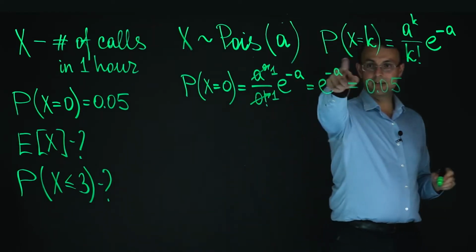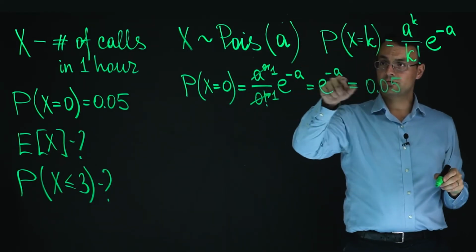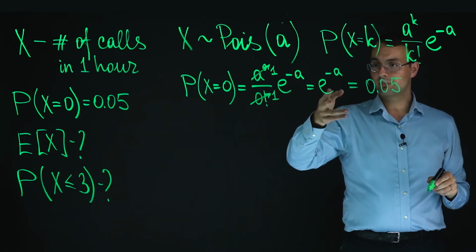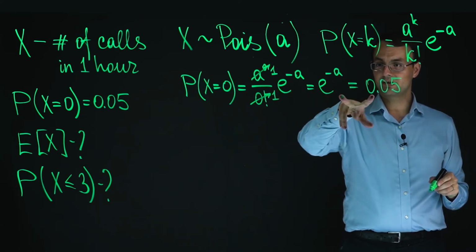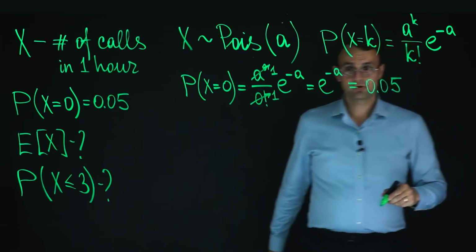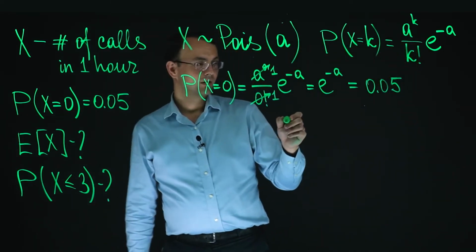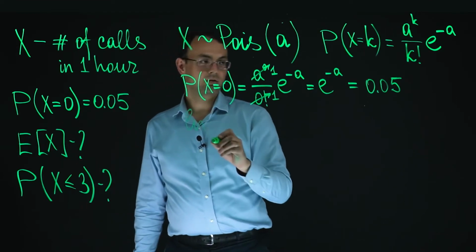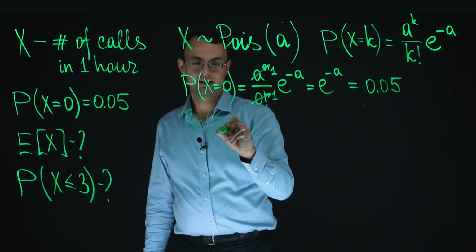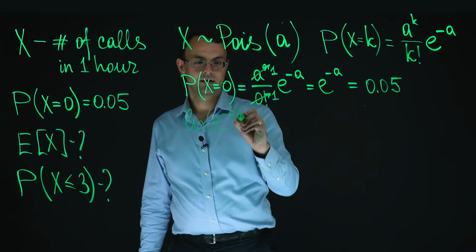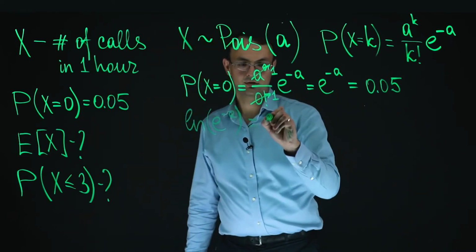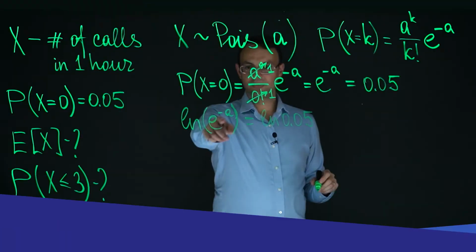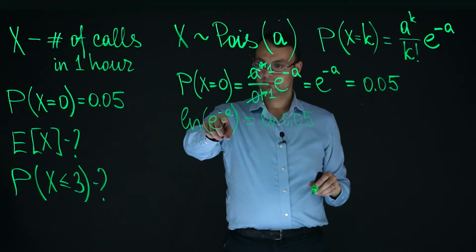So to solve this equation for a, we need to take logarithm of both parts of this equation. Natural logarithm of e to the power of minus a is equal to logarithm of 0.05. This is minus a.